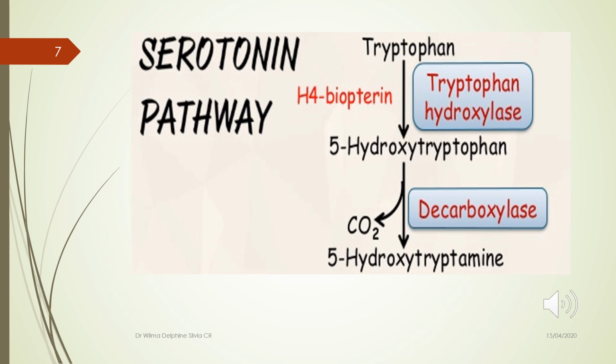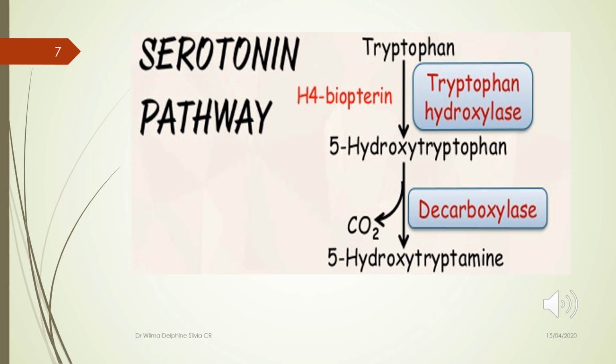This reaction is very similar to conversion of phenylalanine to tyrosine by phenylalanine hydroxylase. Here again we require tetrahydrobiopterin, which is converted to dihydrobiopterin, and in the presence of the enzyme dihydrobiopterin reductase and NADPH, there is regeneration of tetrahydrobiopterin, and a molecule of oxygen is utilized and a molecule of water is released.